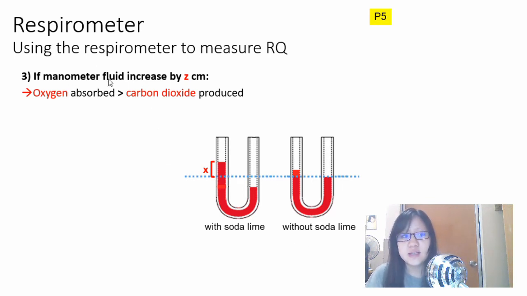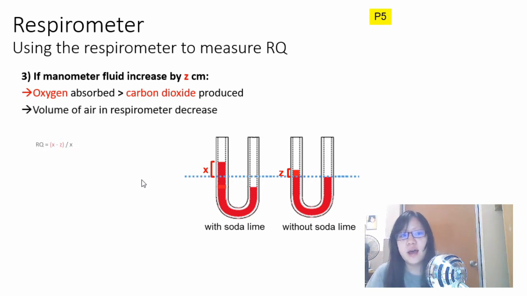So this one is saying that if the manometer fluid increases by Z cm, this is what we're calling this, we know that oxygen absorbed is more than the carbon dioxide produced. And the RQ level is X minus Z. Okay, X minus Z is the carbon dioxide over X, which is the oxygen consumed.